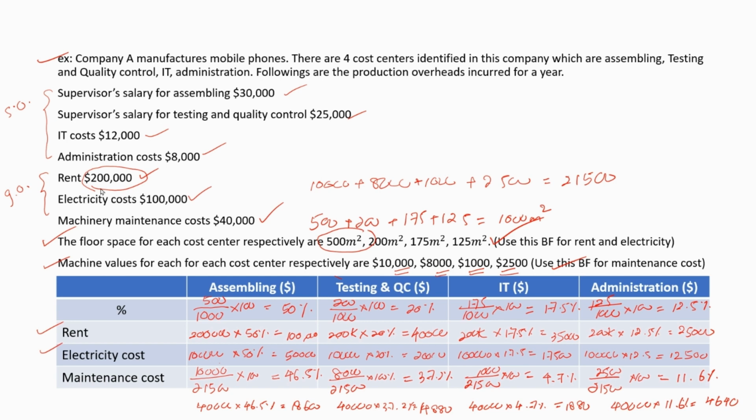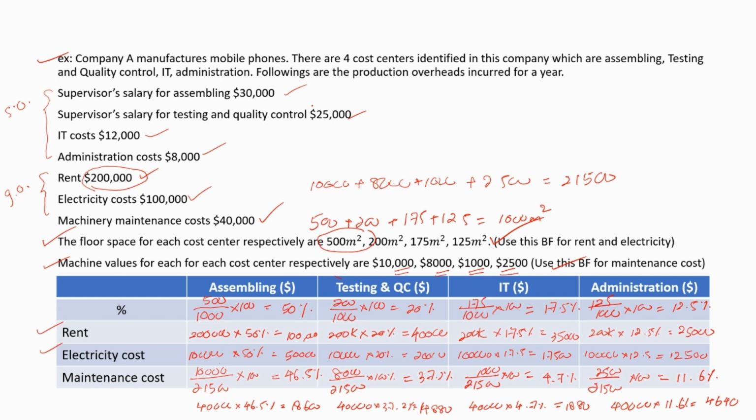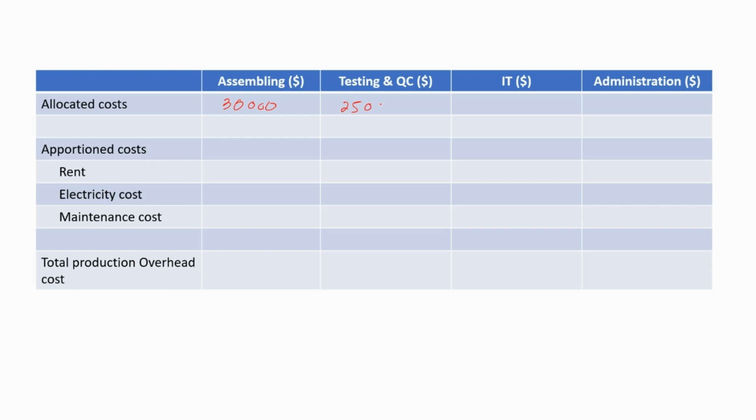Now that we know the specific overhead cost per cost center and the apportioned general overhead per cost center, let's calculate the total production overhead cost for each cost center. So the supervisor's salary for assembling is 30,000, which comes here, 30,000. Testing 25, IT 12, administration 8. So these are the allocated costs. These can be easily identified and allocated to cost centers.